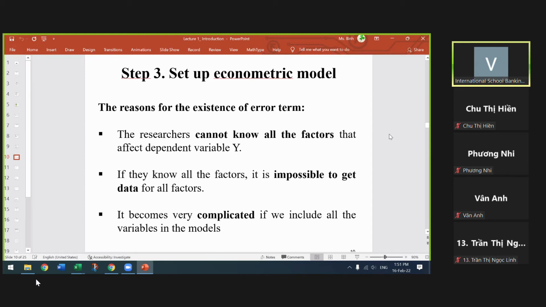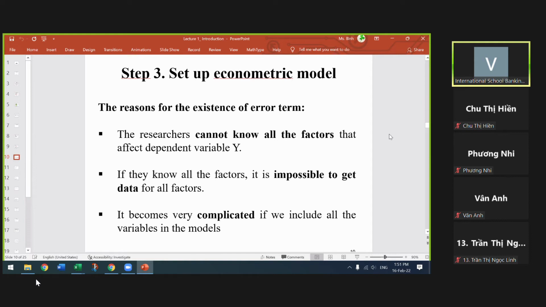And the last reason is that it becomes very complicated if we include all the variables in the model. For example, you can name many factors that can affect consumption expenditure. Some have very strong effects, some have very weak effects.